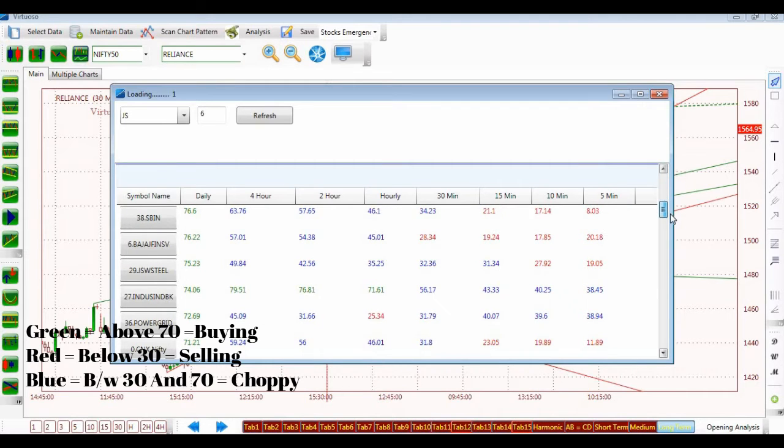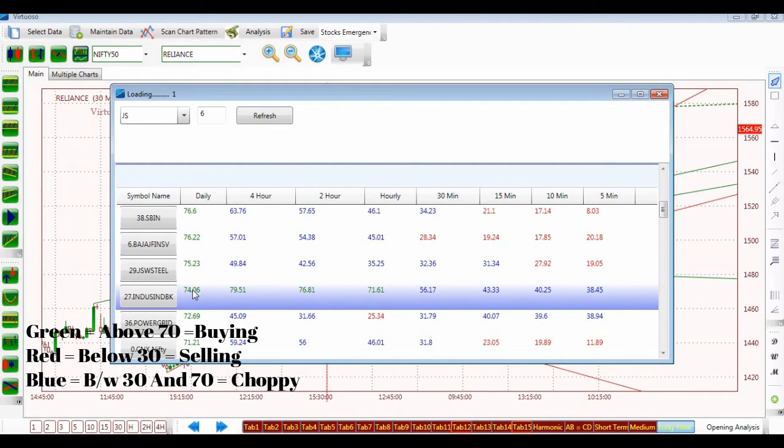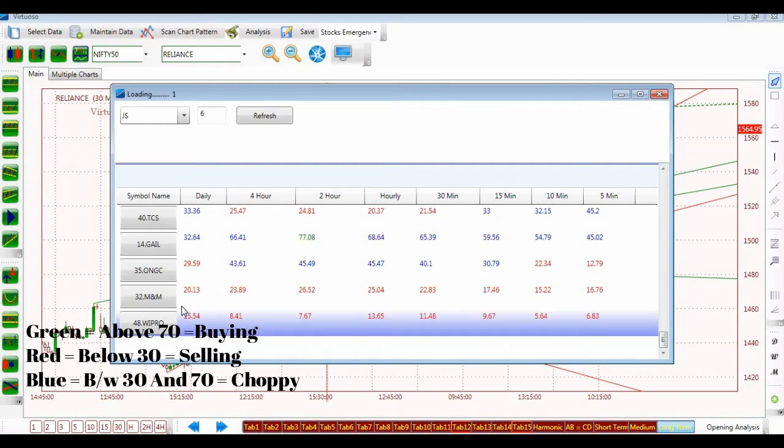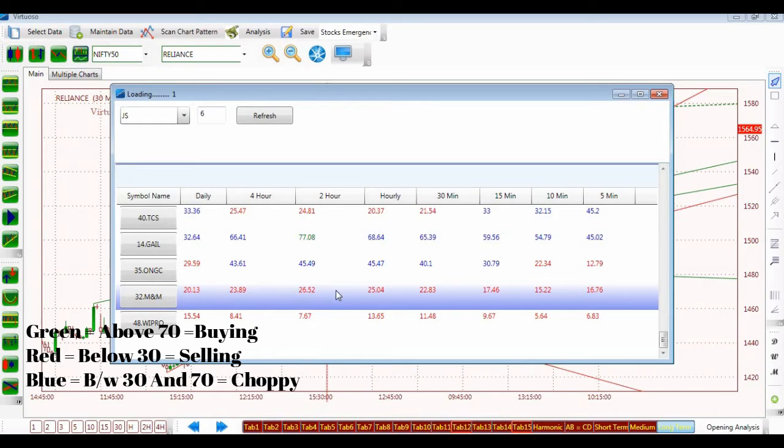So any of the stocks which are above 70, those are in buy. So for example, now let me search Mahindra and Mahindra, as we have already seen that the Mahindra and Mahindra stock is under pressure. So these are below 30. Below 30 means these are in red. So 25 is shown as red.